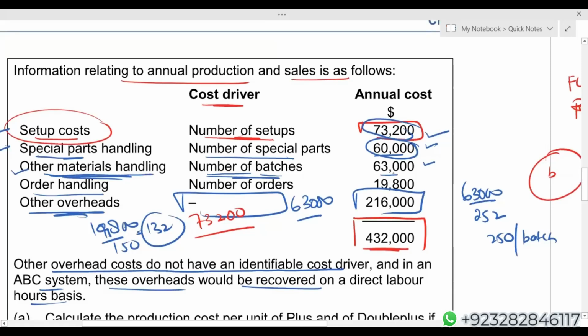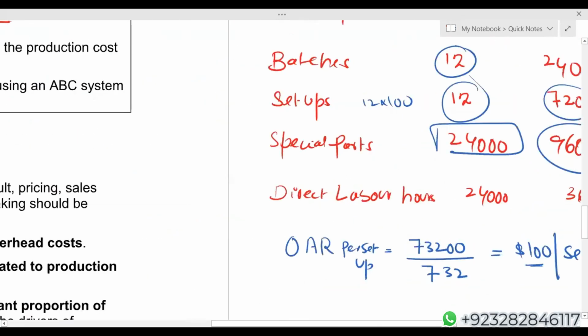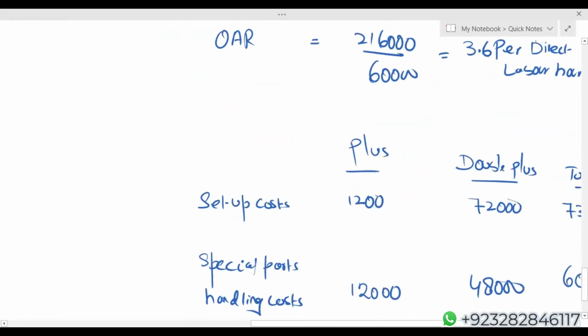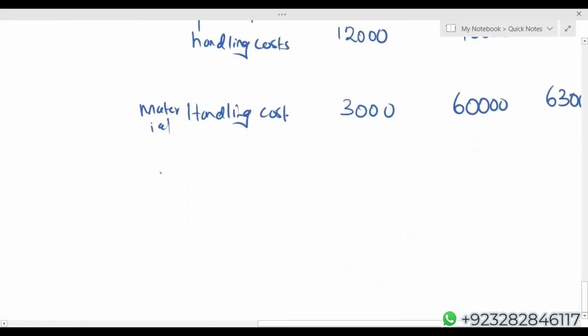Okay. Now, we also have order handling. Order handling, on the basis of number of orders, is 19,800. We just need to know the order handling per order rate.